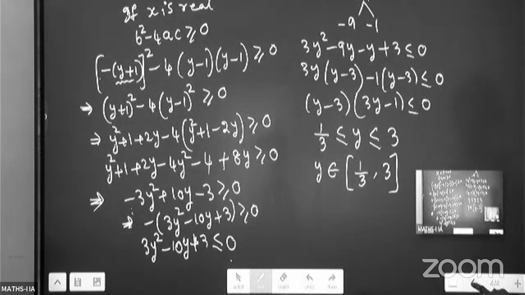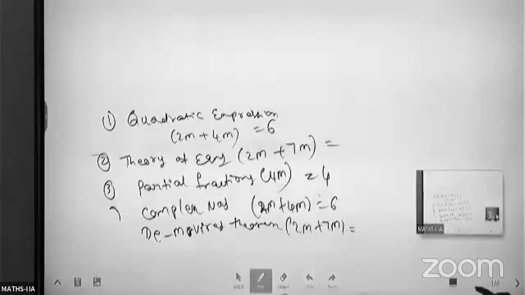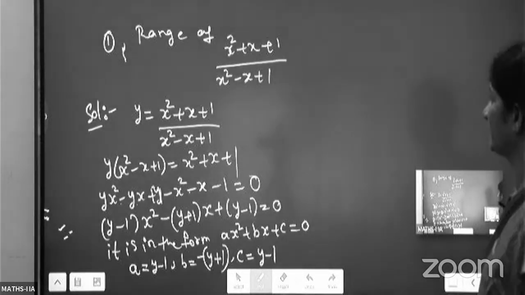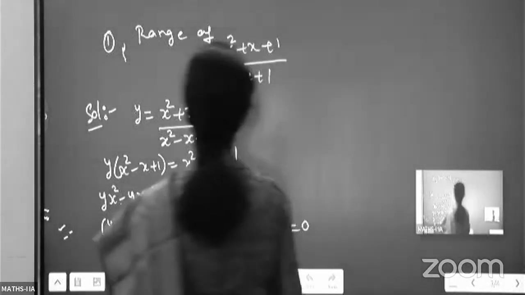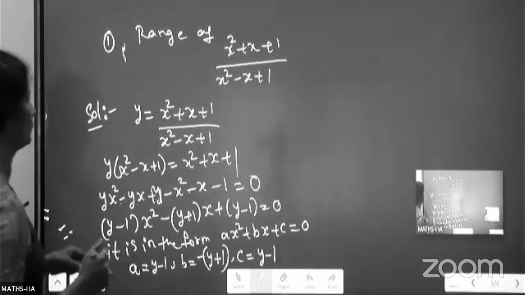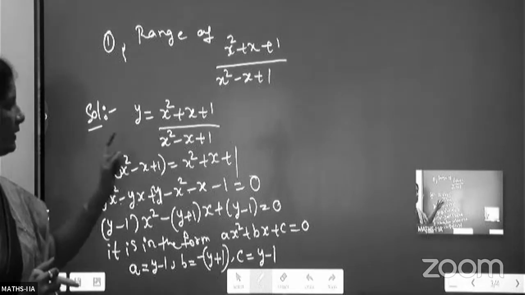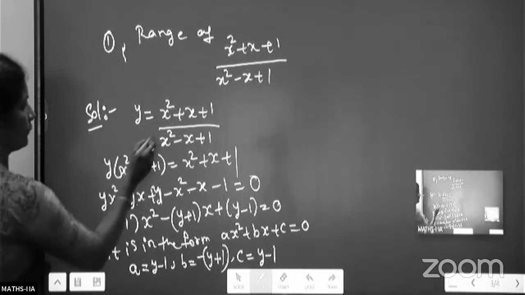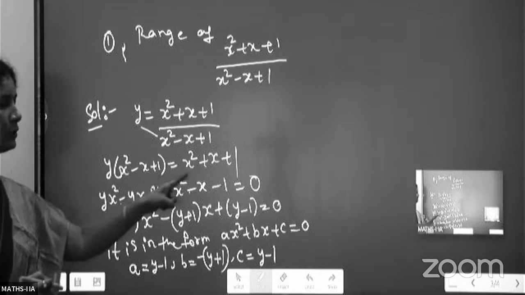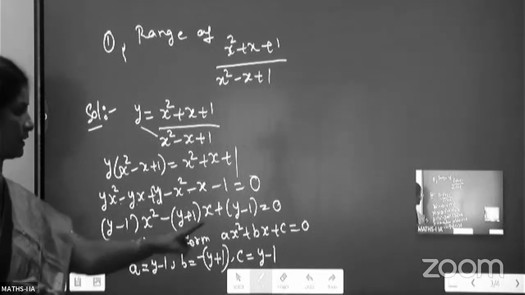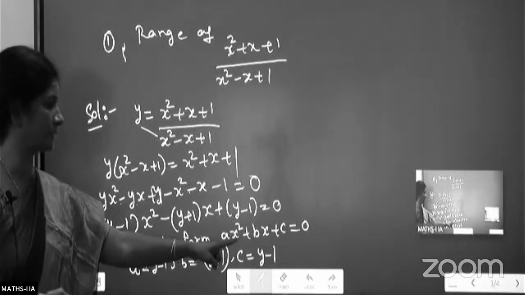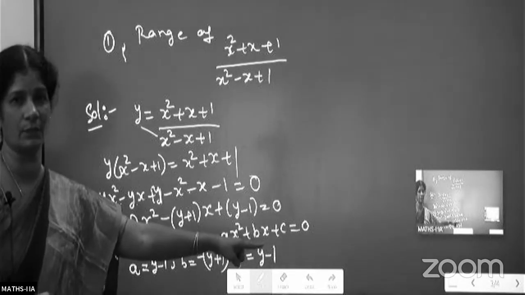Once again, let me go through it. See, we have to find out the range of this following question. So in that, what do we have to do? The given question, you have to take y equals the given expression. Then we have to cross multiply. We cross multiplied and brought the given equation into the general form, ax square plus bx plus c equals 0.